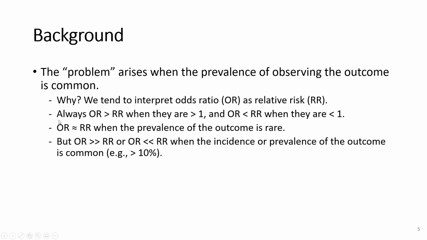But odds ratio and relative risk are similar when the prevalence of the outcome is rare. However, odds ratio is going to be much greater than relative risk, or much less than relative risk, when the incidence or prevalence of the outcome is common. And people tend to use this cutoff of 10%.